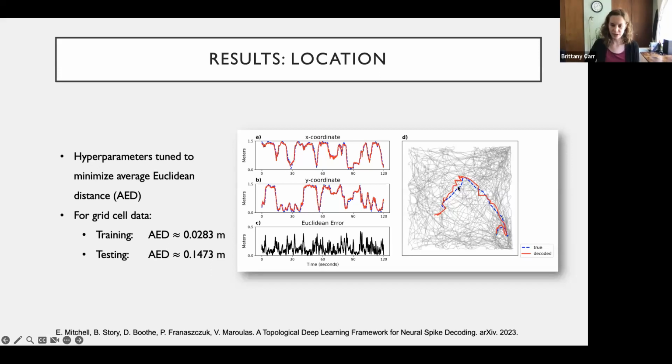And in some points, it actually seems like it's trying to predict the next one instead of the time step that it's currently on. And we do all right with our AED, and that's for our training data, we're only off by 0.02 meters, and for our testing data, we're off by 0.15. So there's definitely some room for improvement, right? Because that's not the world's greatest error, but as a starting point, we were pretty content.